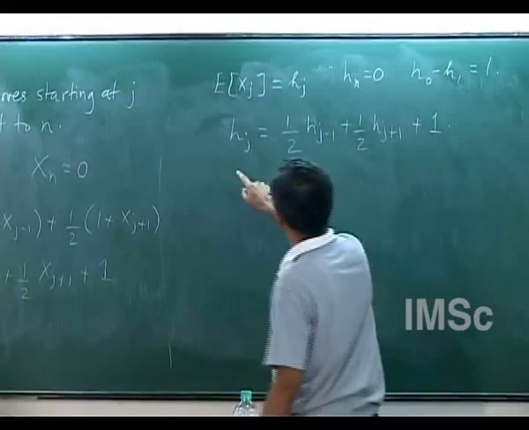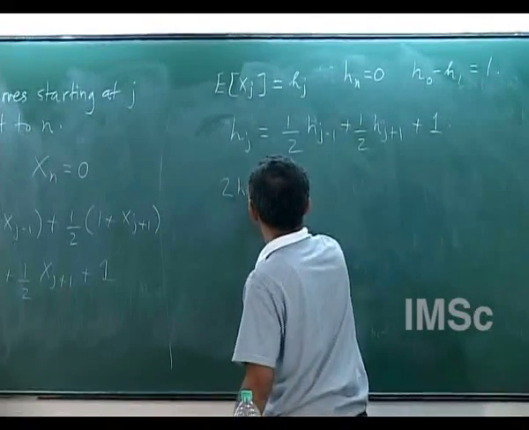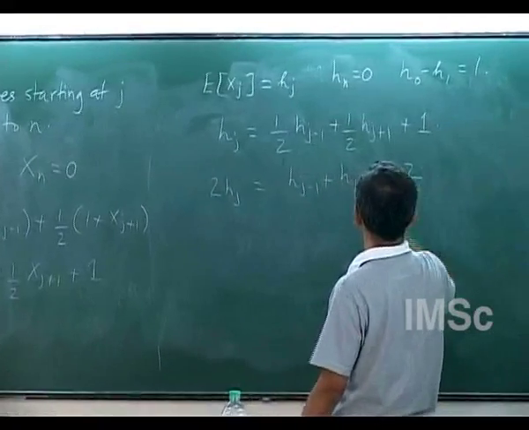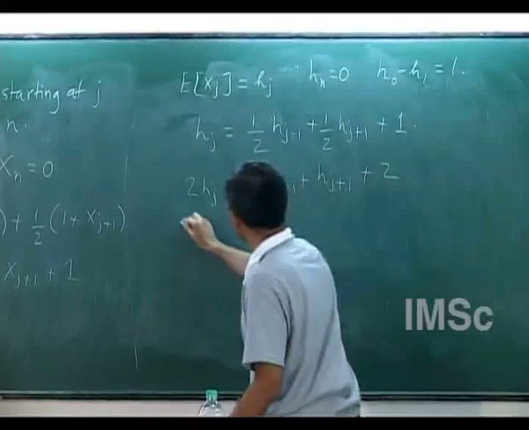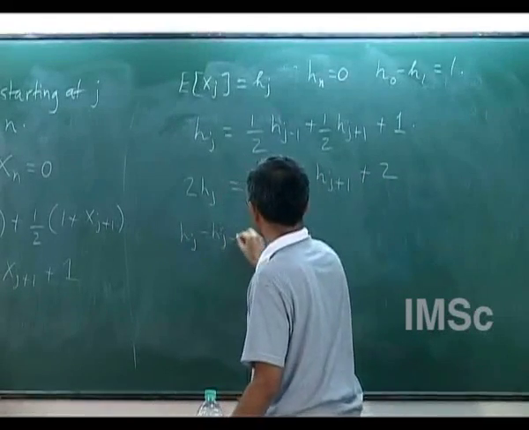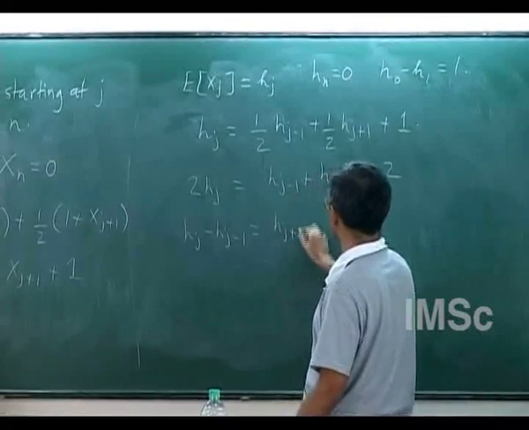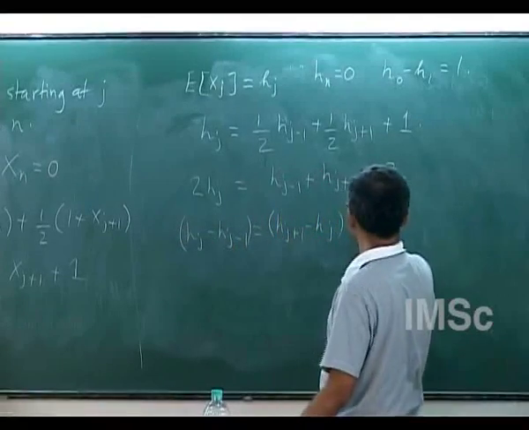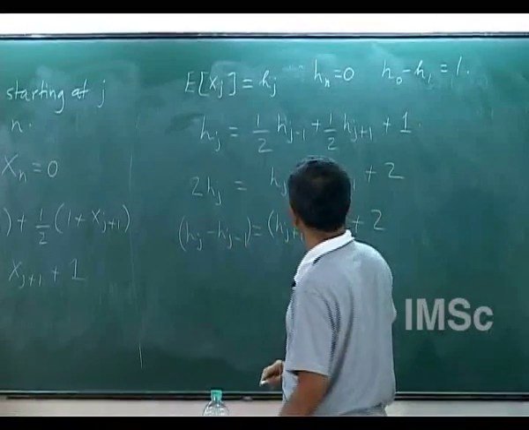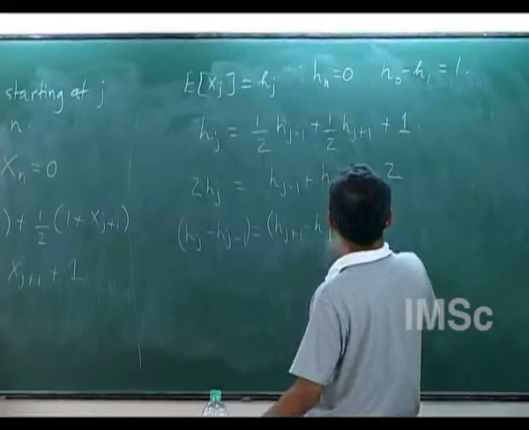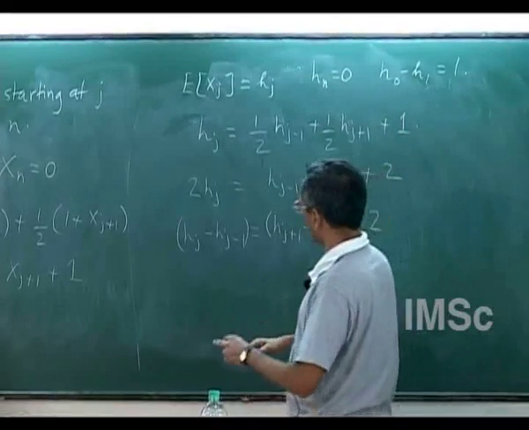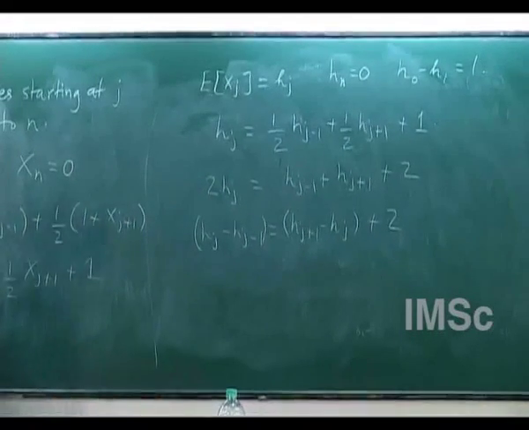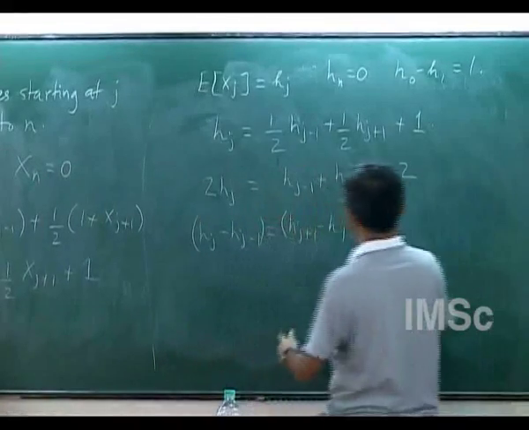So let's simplify. 2hj is h(j-1) plus h(j+1) plus 2, and what I get is hj minus h(j-1) is h(j+1) minus hj plus 2. Okay. So this is h0 minus h1. Intuitively it's clear that h0 is going to be the largest and so on. So let's turn things the other way around.